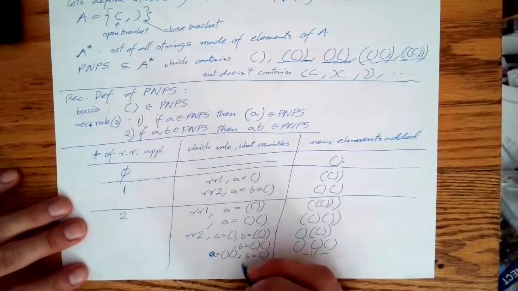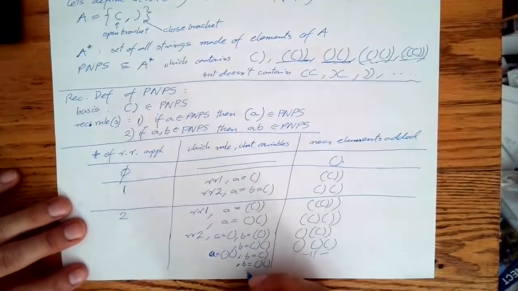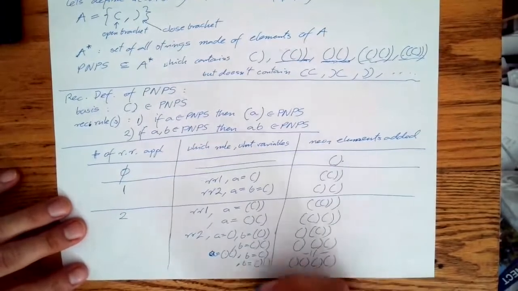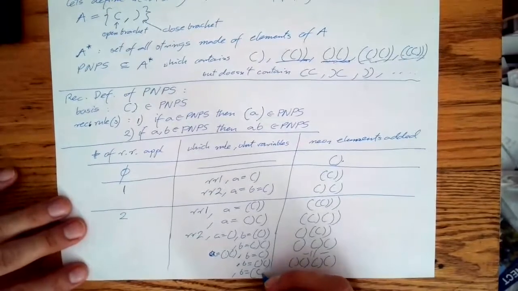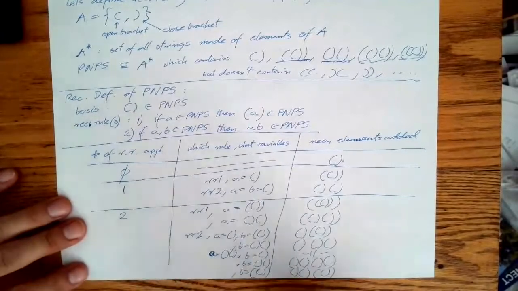So that was sort of a not good case, not a new case really. But if B is this, then I'm adding this string. And of course, if B is open, close, open, close, I'm going to have A, which is this, and then B, which is that, right?